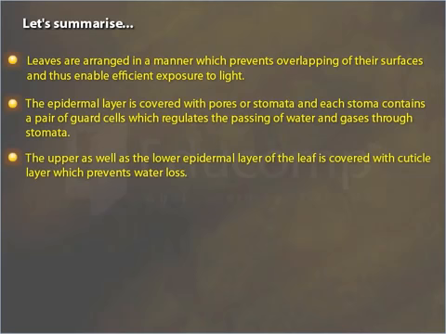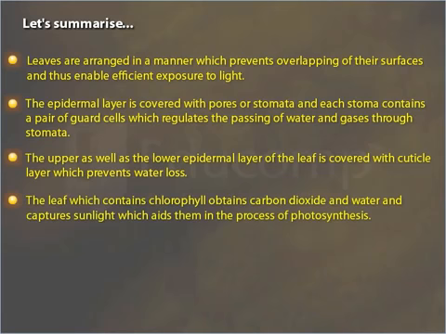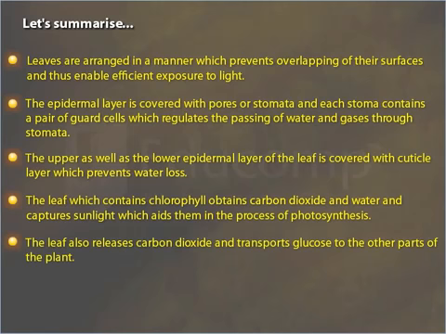The upper as well as the lower epidermal layer of the leaf is covered with cuticle layer which prevents water loss. The leaf, which contains chlorophyll, obtains carbon dioxide and water and captures sunlight, which aids them in the process of photosynthesis. The leaf also releases carbon dioxide and transports glucose to the other parts of the plant.